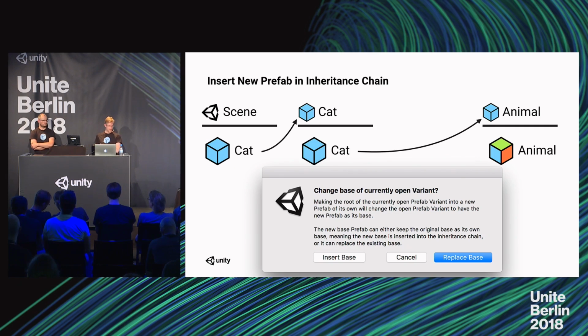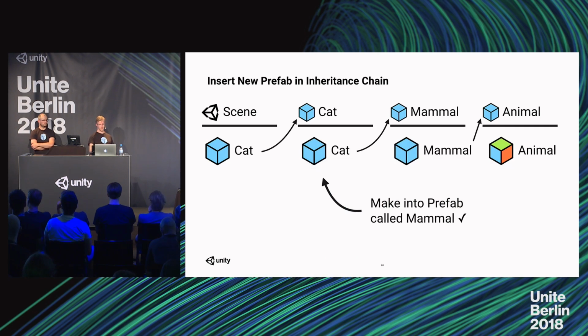This is basically just, again, creating an original prefab or creating a variant, but where we make it clear that creating a variant is actually equivalent to inserting a base. If you go ahead and choose insert base, then we have the scenario we wanted. Cat now inherits from mammal. Mammal inherits from animal, and we inserted a new prefab into the inheritance chain.